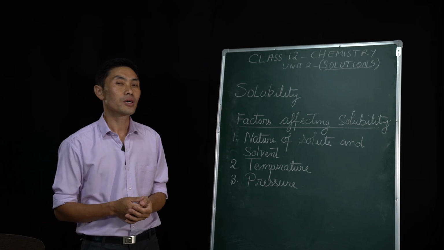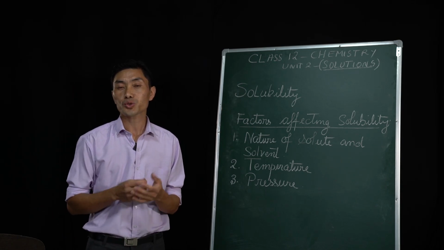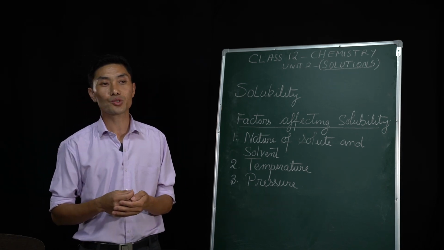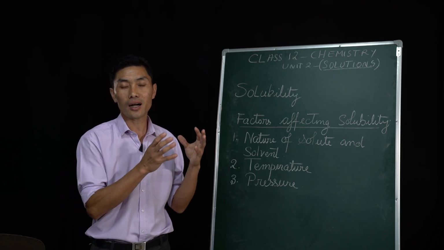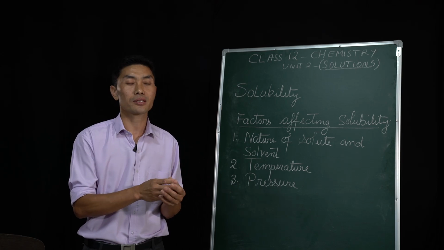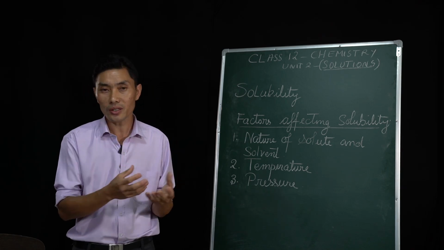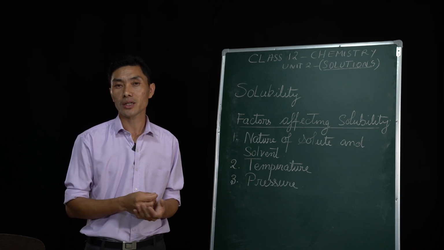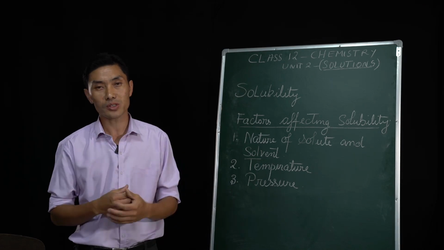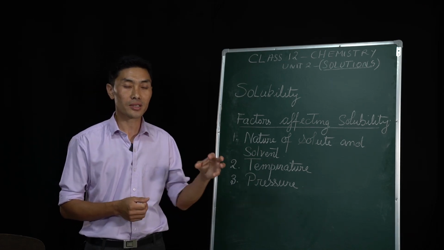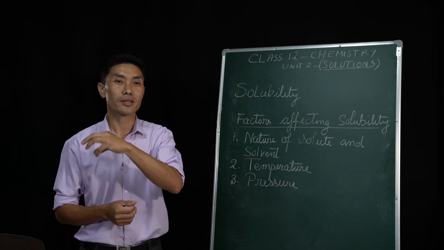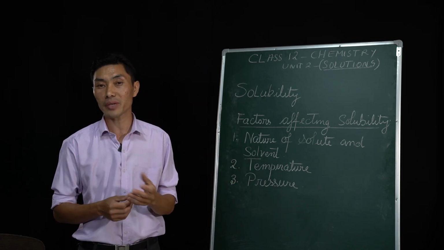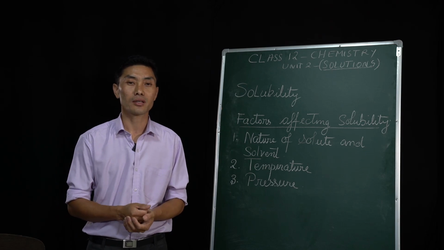For example, sugar or sodium chloride, we can dissolve in water very easily because these are polar compounds. They are soluble in polar solvents like water. But these polar solids are insoluble in non-polar solvents like benzene or carbon tetrachloride.